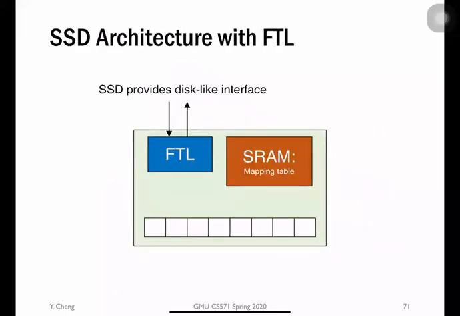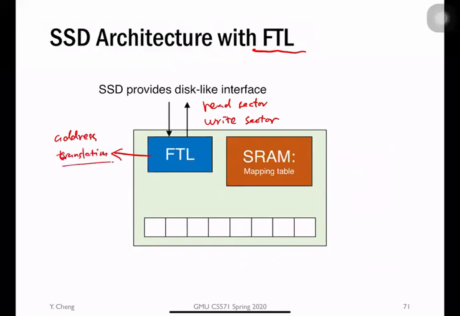So this is a bird's eye view of solid state drive architecture with the support of the flash translation layer, or FTL. FTL exposes disk-like interfaces, which are read sector and write sector, and internally it is responsible for dynamic address translation, just like a page table for supporting memory virtualization.